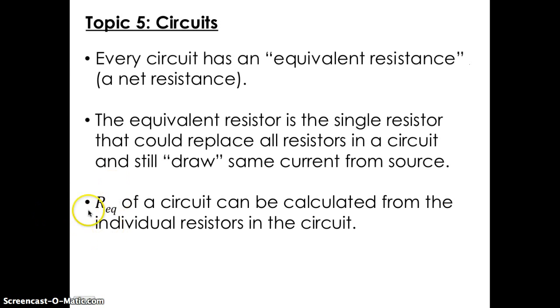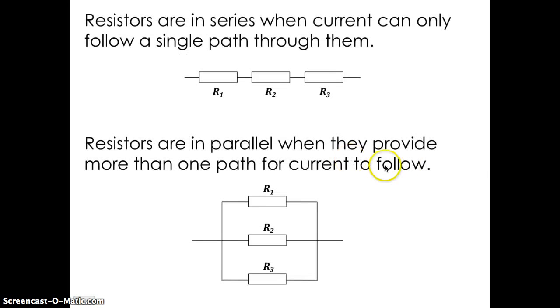We give it the symbol Req, and it can be calculated from how the individual resistors are set up in the circuit. Whenever you have resistors connected like this, so that they form one pathway for charge to flow, that's called resistors in series. So these are series resistors, and that means there's only one pathway through them for current to flow.